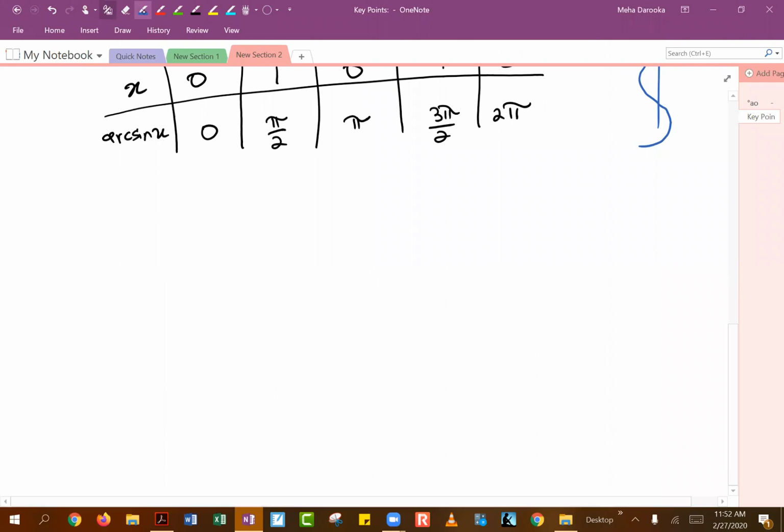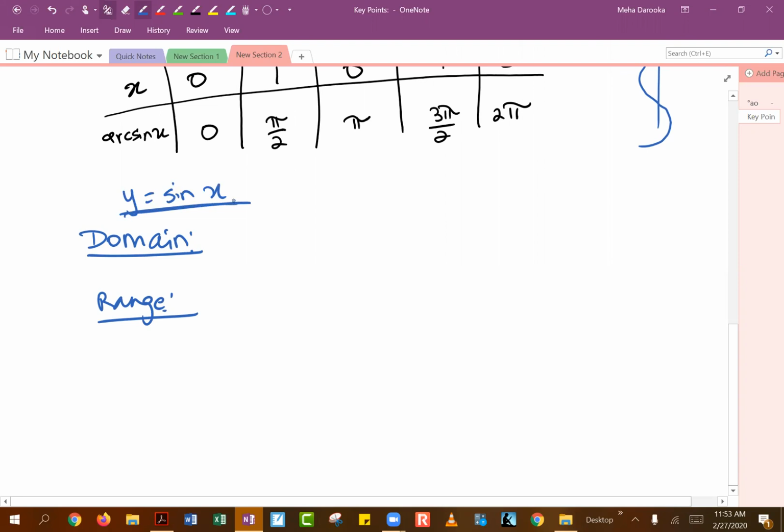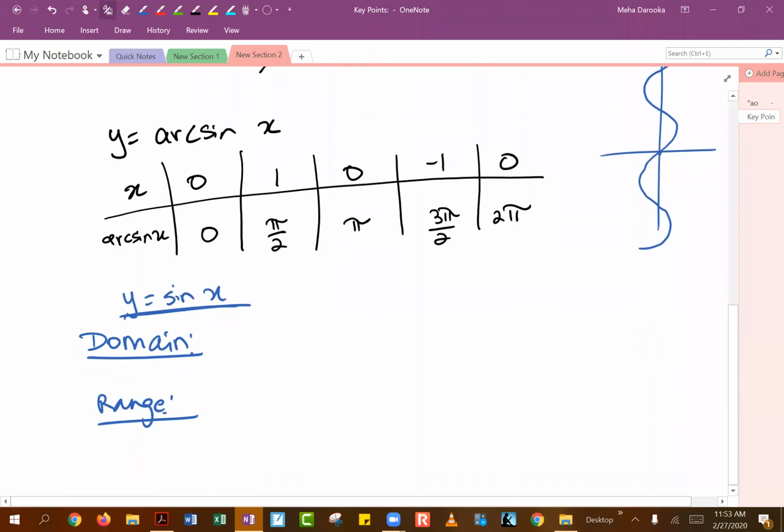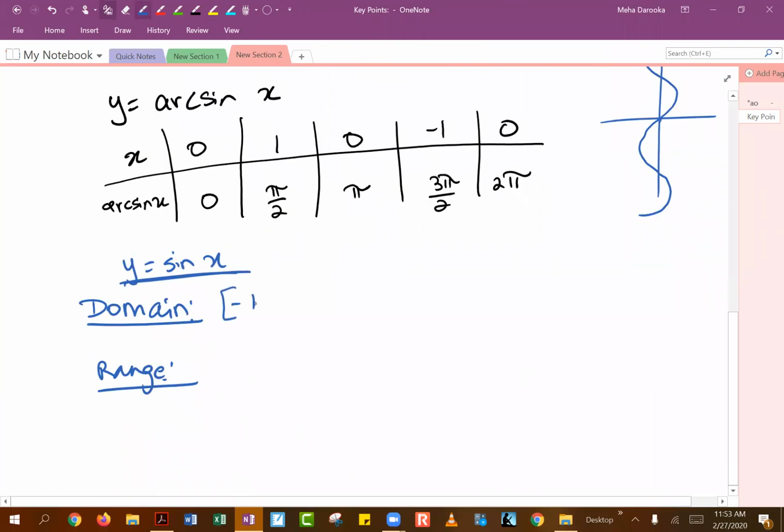So for the domain of the sine function, what can we say for this particular example? Yes, very good. So the domain would go from negative pi halves to positive pi halves.